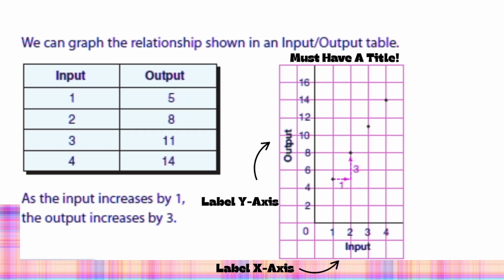In this example, we can label it as input. We label the y-axis as output. And we need to plot the points. The ordered pairs will be 1 and 5, 2 and 8, 3 and 11, and 4 and 14. From the graph, we can see that as the input increases by 1, the output increases by 3.